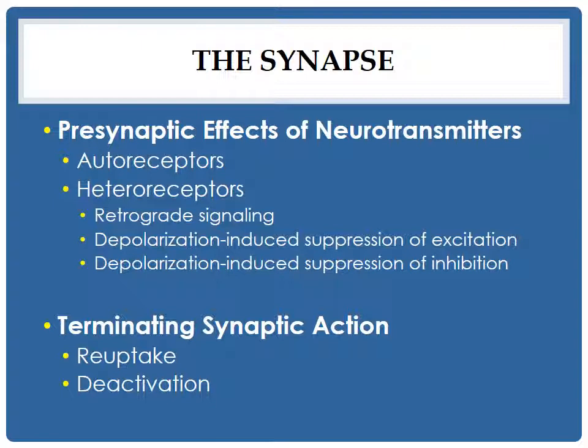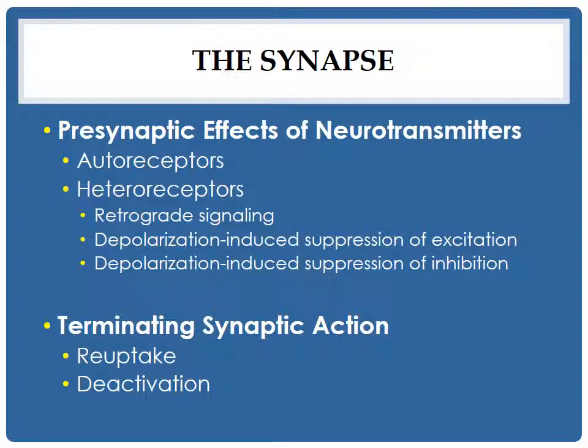Retrograde signaling is where information from the postsynaptic cell is transmitted to the presynaptic cell. This is how a postsynaptic cell can modulate the presynaptic cell, the amount of neurotransmitters synthesized or released or whatever the case may be. And this can be through either excitation or inhibition: depolarization-induced suppression of excitation, depolarization-induced suppression of inhibition, depending on what exactly the effect of the retrograde signaling is.